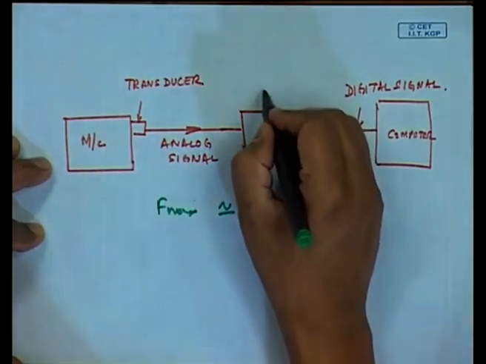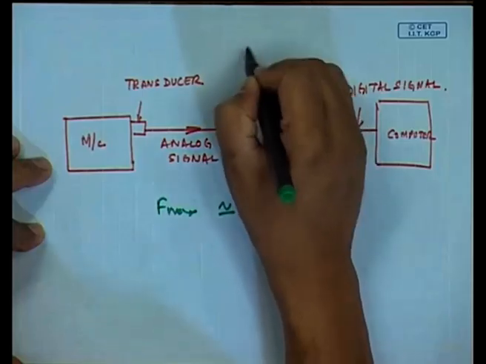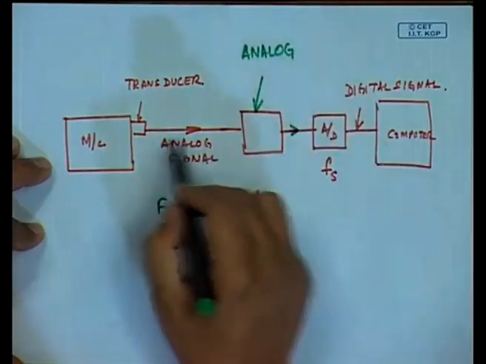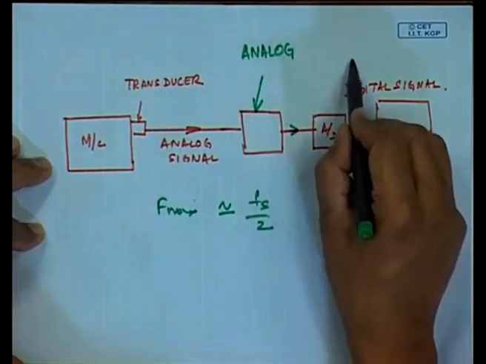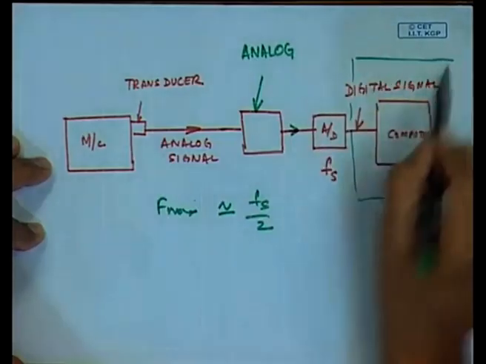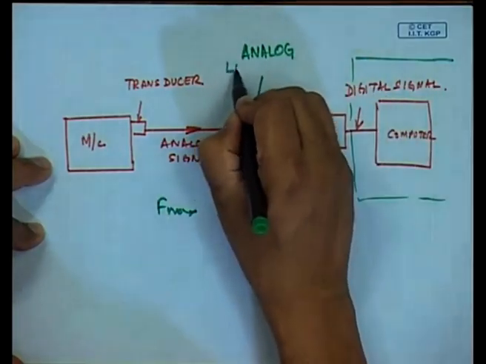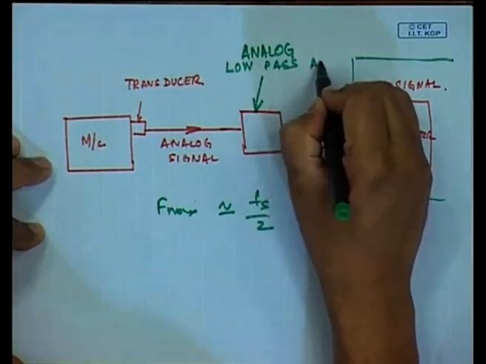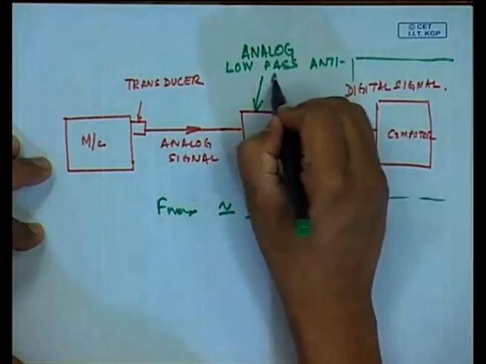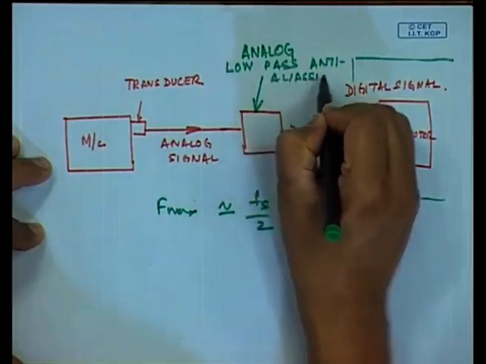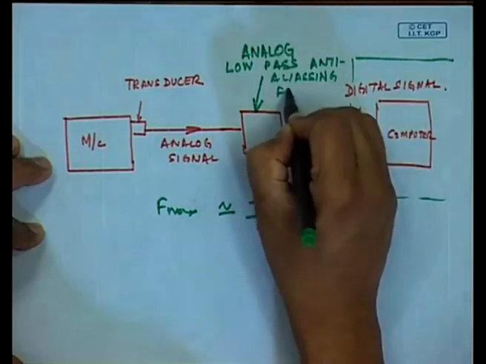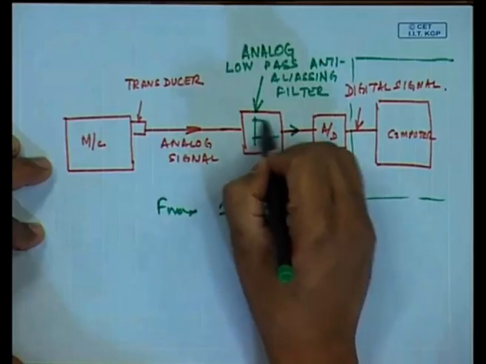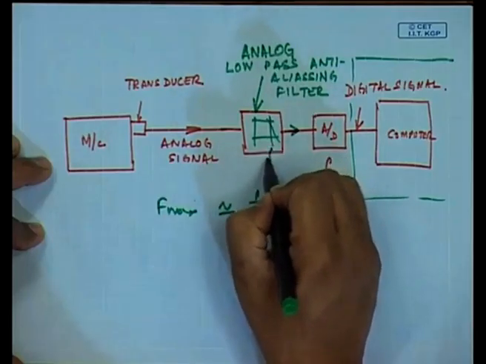So, what I will do here, very important, is I will put an analog, because this is an analog domain, a digital only happens here after the A to D converter. So, I will have an analog low pass, known as an anti aliasing filter, where your cutoff is f s by 2.